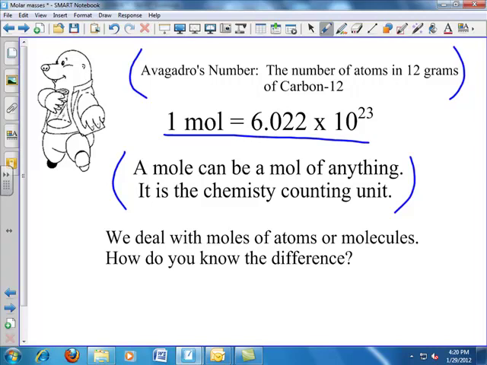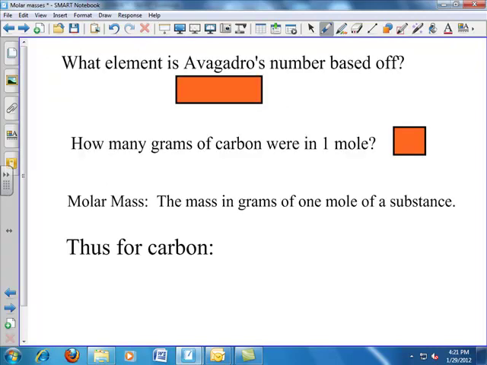Now, just as a little review, how do we deal with moles of atoms or molecules, and how do we know the difference? Well, the difference is always in the writing as far as the question goes. What we're going to look at now is how we can use that to calculate the mass of something.